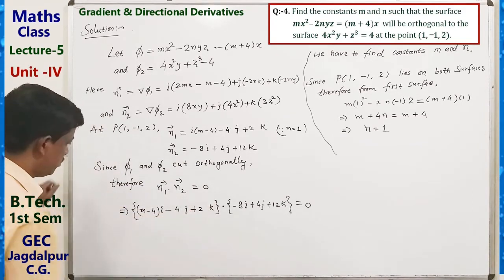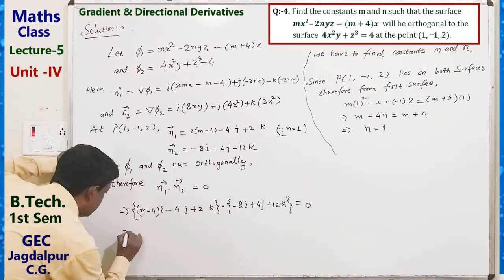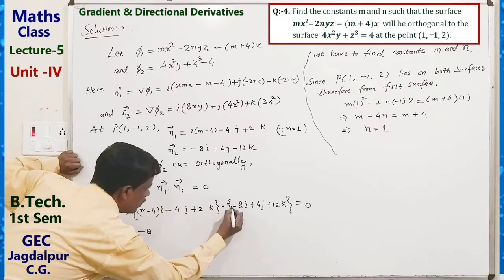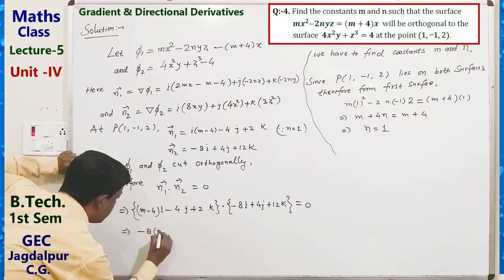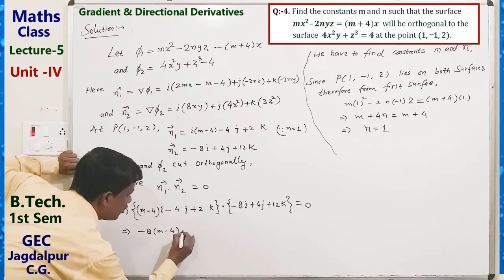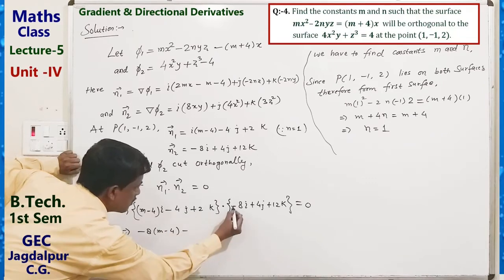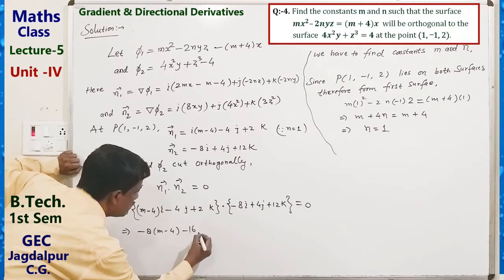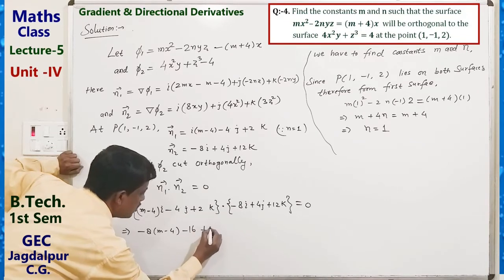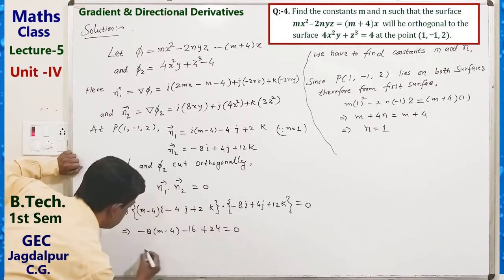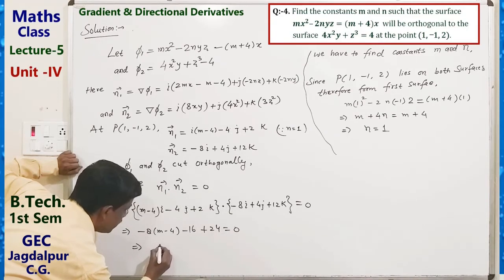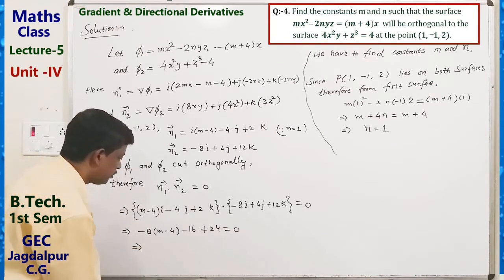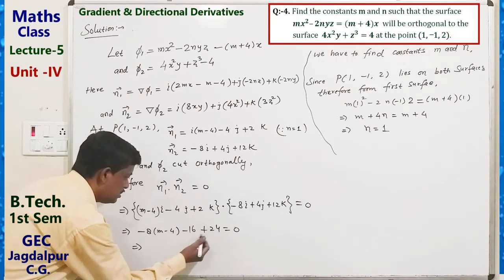Now, multiply it and solve. So minus 8 (m minus 4) minus dot product minus 16 plus 24 is equals to 0. So here 24 minus 16 means 8.